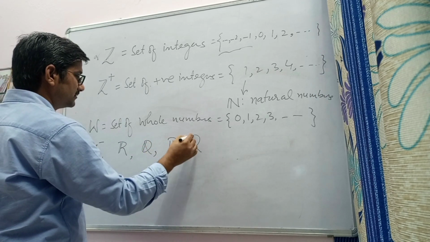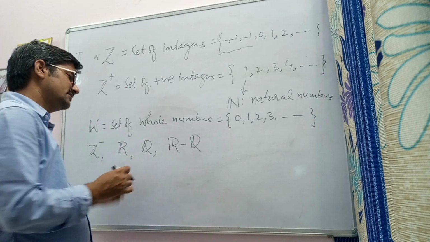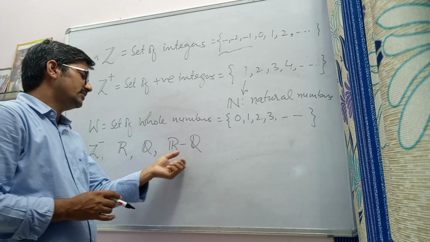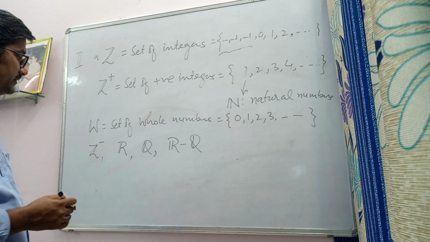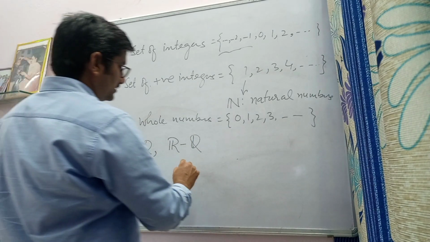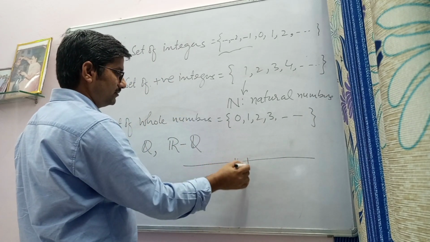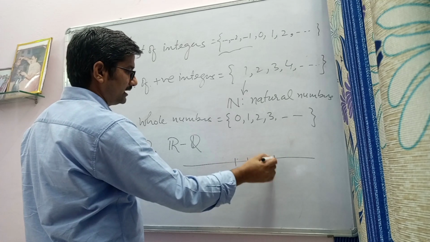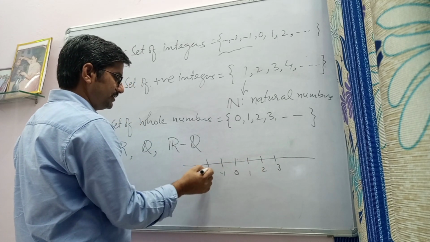Irrational means the numbers in the set of real numbers which are not rational, so you can remove the set of rational numbers from the set of real numbers. Suppose this is the real line. We represent 0, 1, 2, 3 and so on, marking the integers.